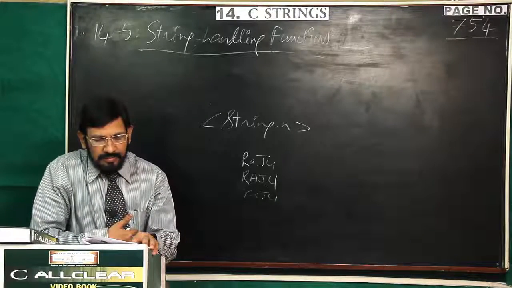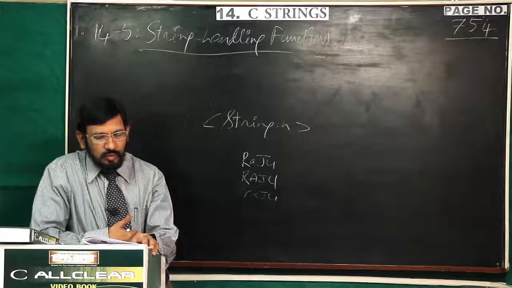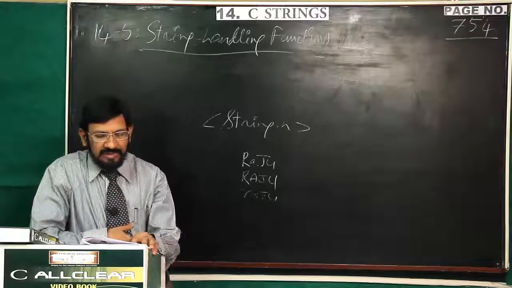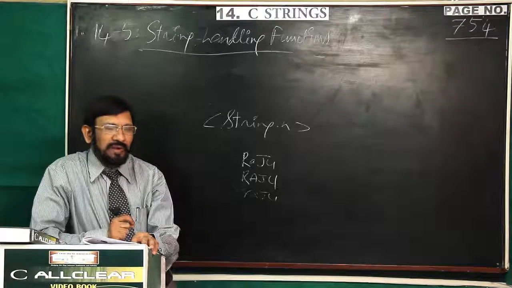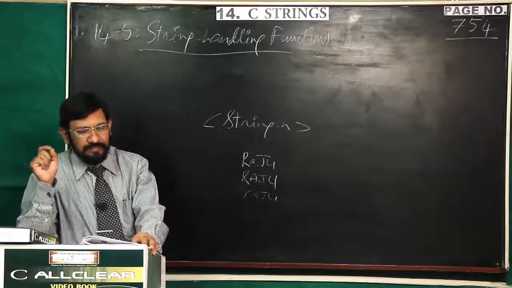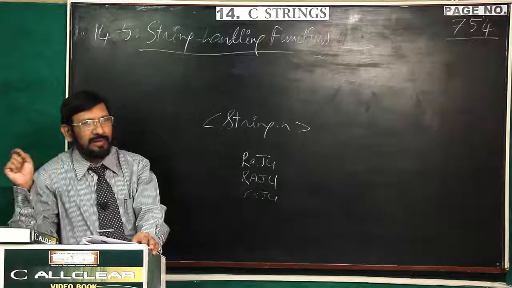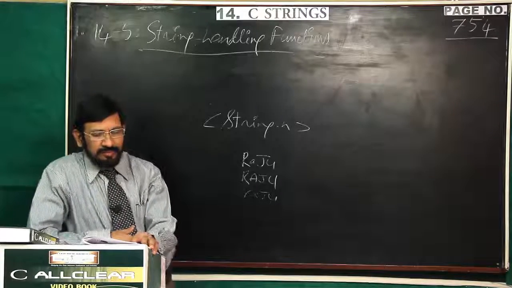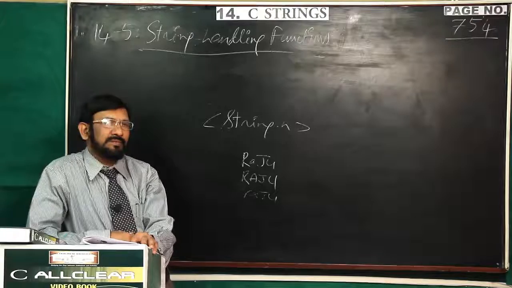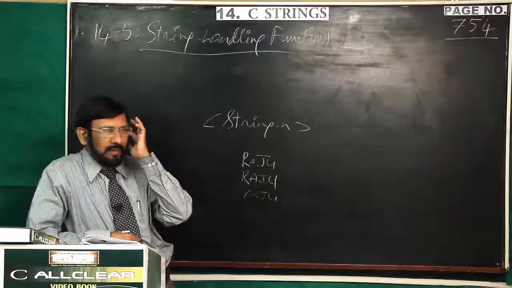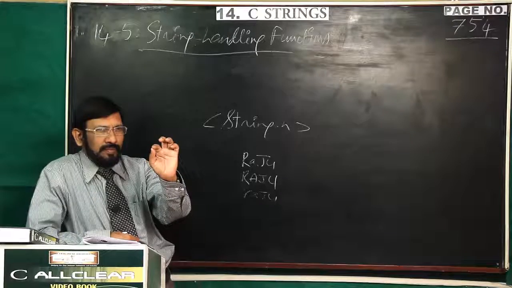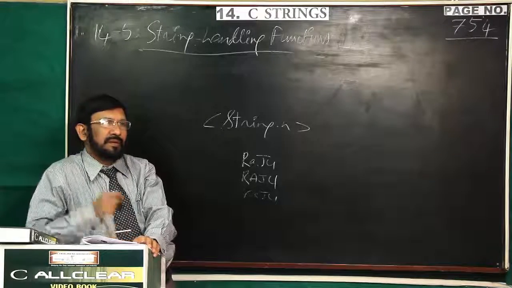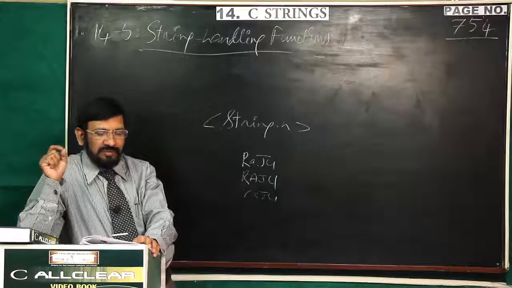And strdup duplicates a particular string. strchr: a particular character you can give, and it determines the position of the first occurrence of that given character. strrchr identifies the position of the last occurrence of a given character.